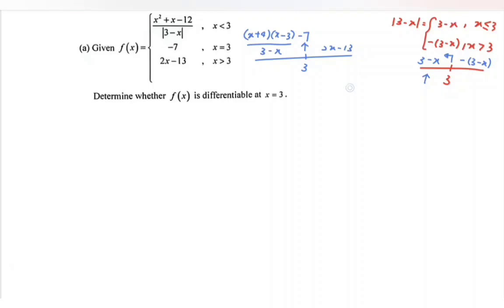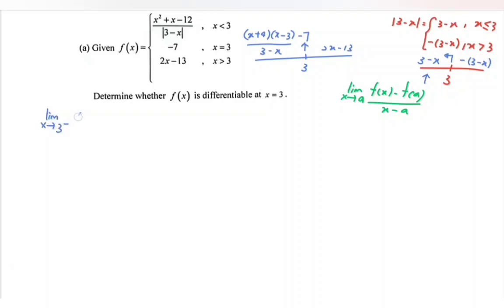The formula would be the limit as x approaches a of f(x) minus f(a) over x minus a. Here the focus is a equals 3. So the limit as x approaches 3 from the left.